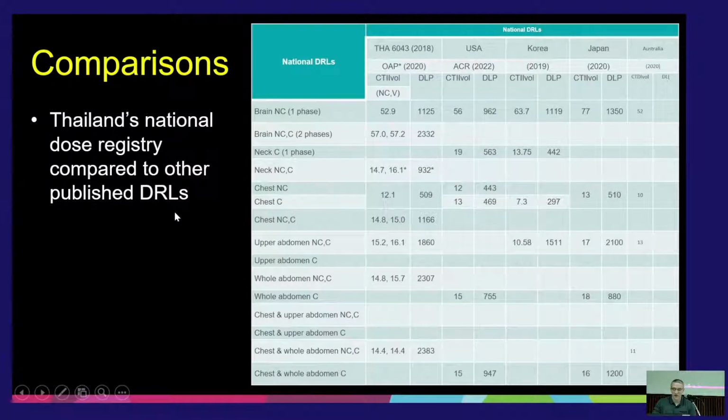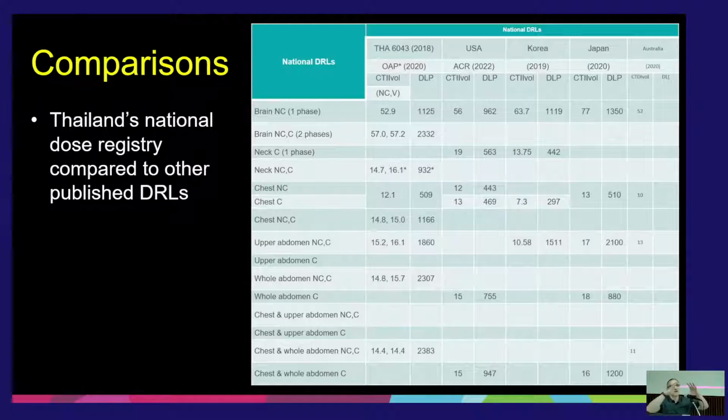All right, so what does that mean, comparing that nationally? Kalpana actually showed how we in the U.S. compared our data internationally, and I think that's always a very important thing. You can have local hospital data that might be lower than national data, but then how does that compare internationally?